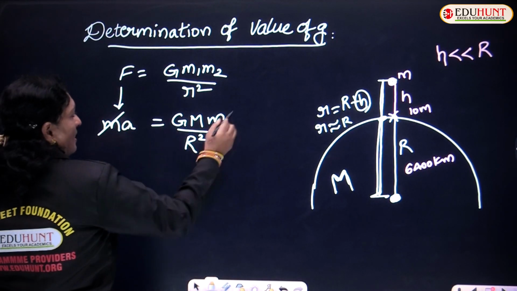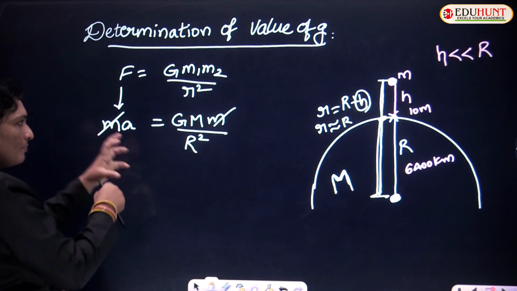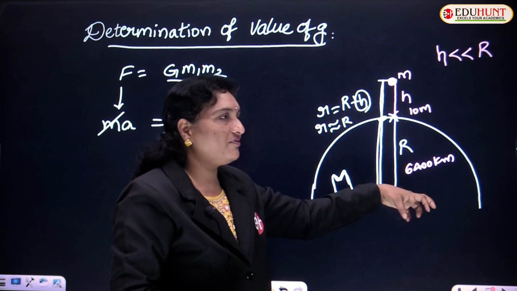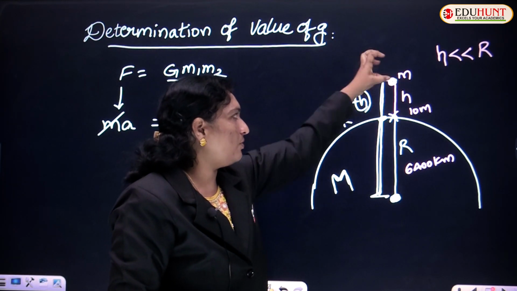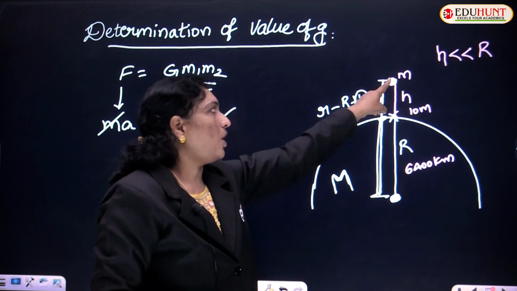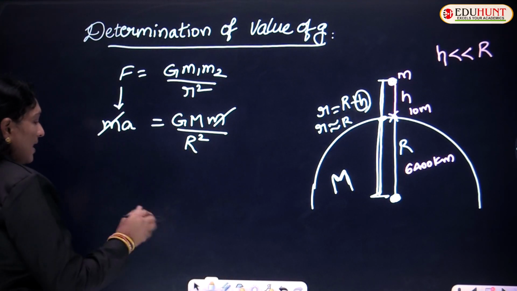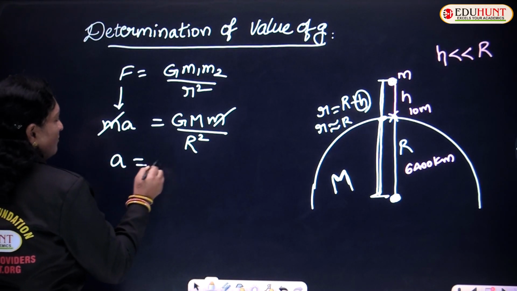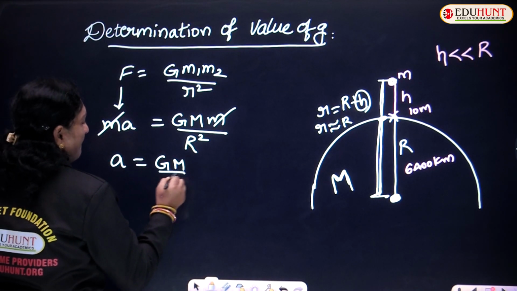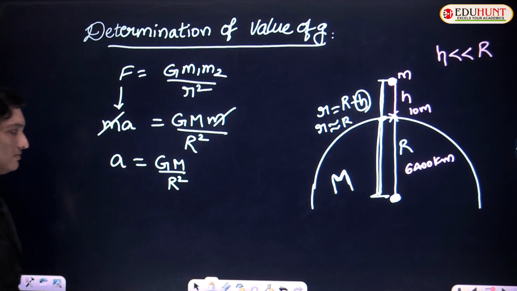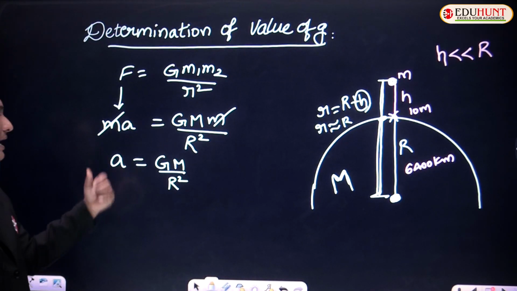Simplifying this, m is the mass of the object which is falling freely. The force on the body of mass m is F = ma, the same body of mass m. Hence we can conclude that the value of a is GM/R².